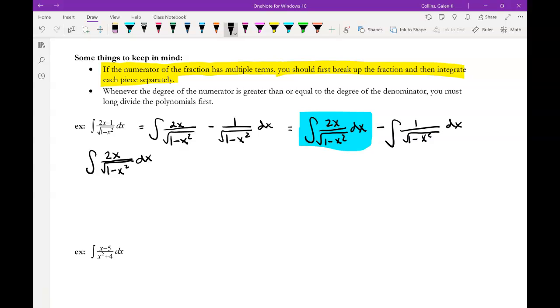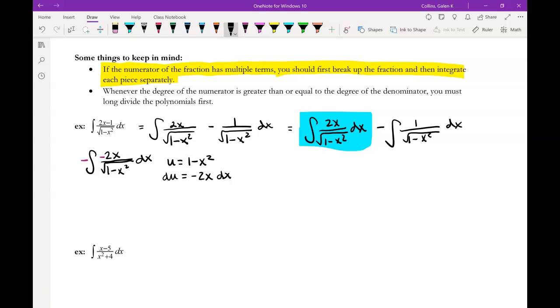So if I do u substitution on 1 minus x squared, I'm going to get a linear du. Here's what I mean. Let's let u be 1 minus x squared. So du would be negative 2x dx. I have a 2x, I just need it to be negative, which means I could multiply by negative 1 both in and outside of my expression.